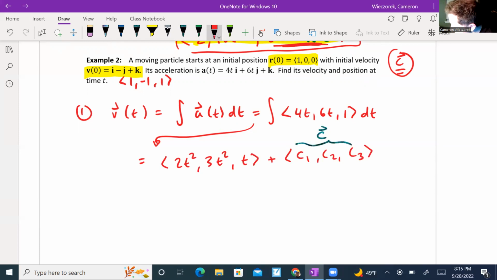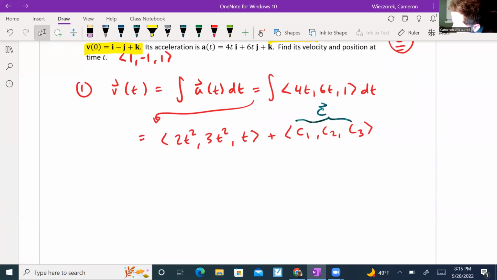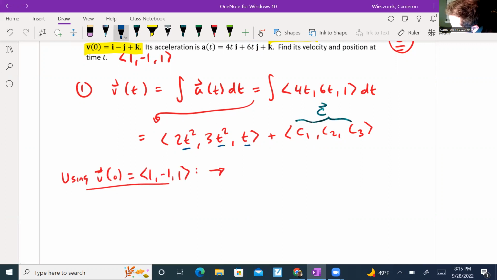I'm going to use the initial condition so that I can actually solve for my constants. So using that v of 0 equals 1, negative 1, 1, I'm going to put in zeros for every t that I see. So I'm going to end up with 1, negative 1, 1 equals, this whole thing is going to turn into zeros.